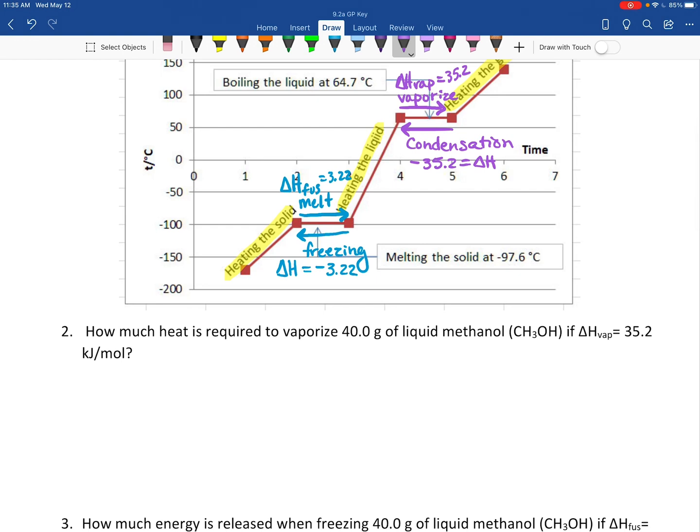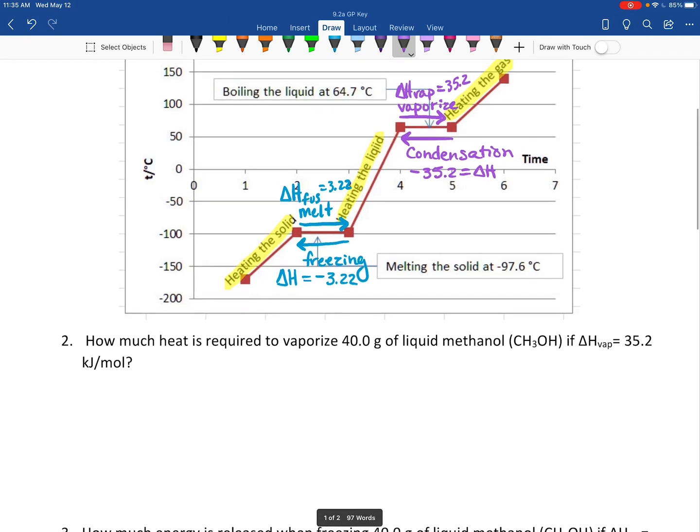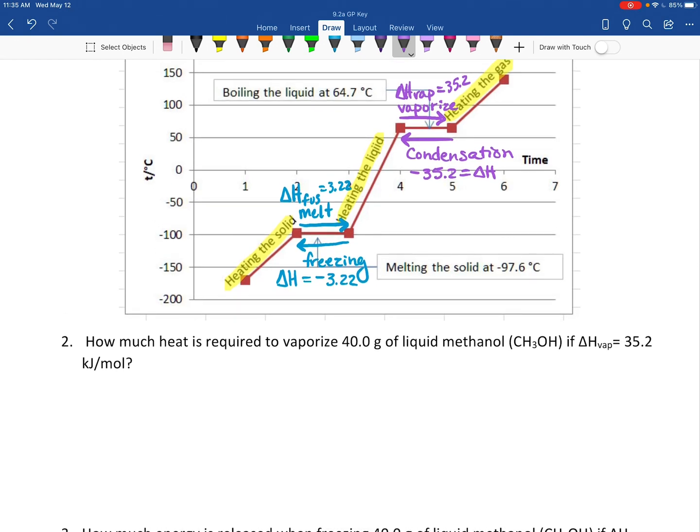So in our second question, we're asked how much heat is required to vaporize 40 grams of liquid methanol. So we are looking at vaporizing, and we already said that was the heat of vaporization. The first thing that we need to know is the molar mass of methanol before we go anywhere else.